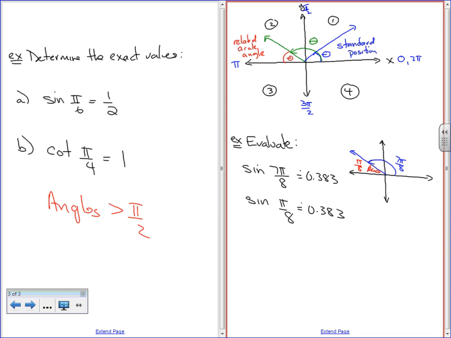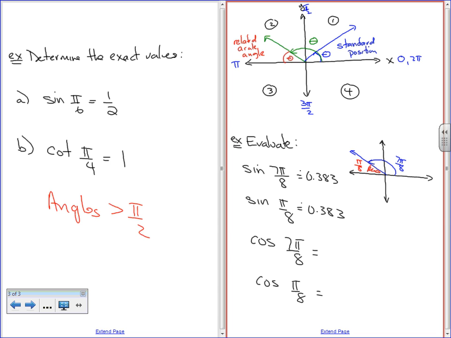And that's always going to be the case. The sine, cosine, cotangent, tangent, cosecant, secant of an angle and its related acute angle is always going to give you the exact same answer. The only difference is, and it can be seen here, let's figure out the cosine of 7 pi over 8 and the cosine of pi over 8. These should give me the exact same answers, but what's the difference when I use the cosine?